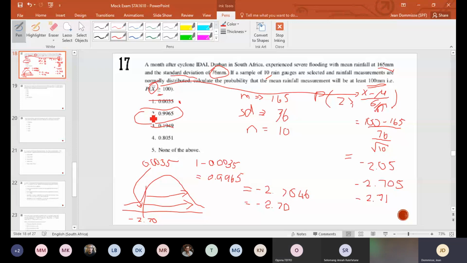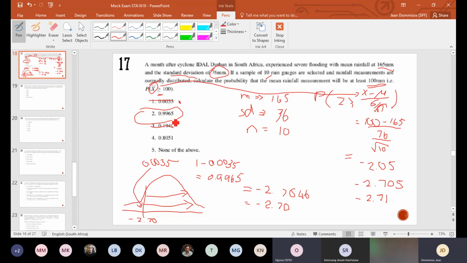What I hate about this one is, depending on the rounding, you could have had the answer of 0.9966. So it's very close, which could have made you go for option 5 instead of option 2.